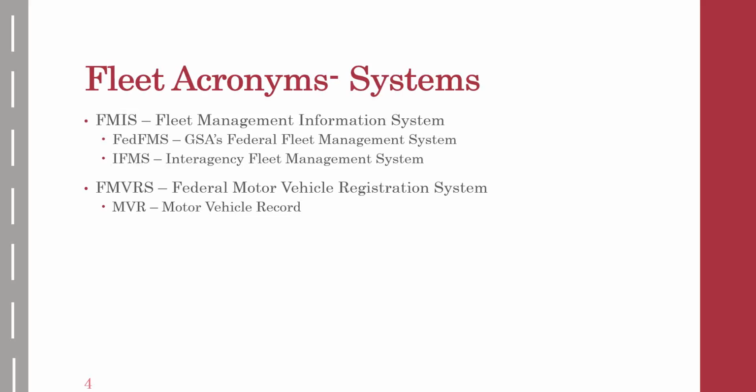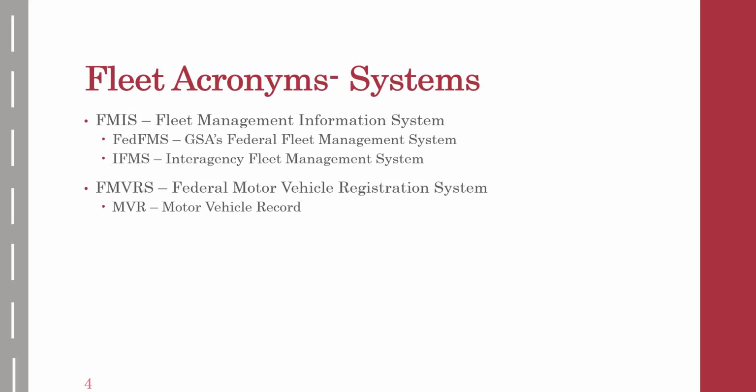So moving on to the information systems that are used in fleet. So we have FMIS, which is a type of software that is a fleet management information system. It's a system that's designed specifically to acquire or aggregate all of the information that is required to make good, sound fleet business decisions.